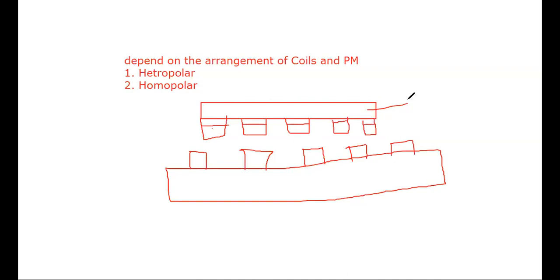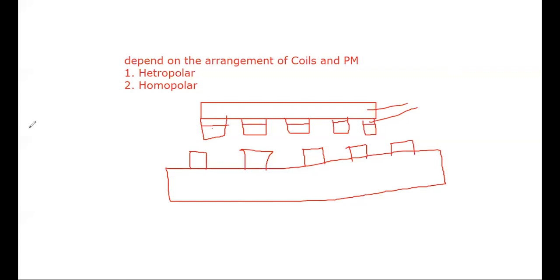So what happens? The armature winding is present at the primary, as well as the permanent magnet is present at the primary. So both things are present in the same part of the machine. So this type of machine is said to be a homopolar type linear synchronous machine, right? So again, one more time I will mention here.